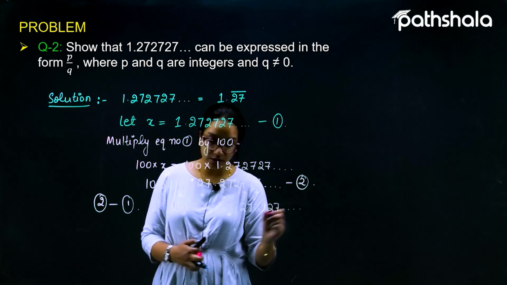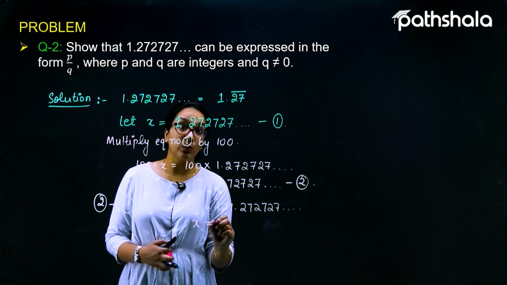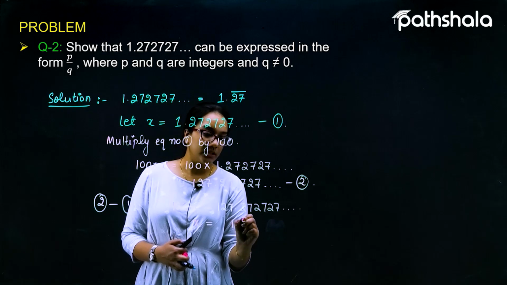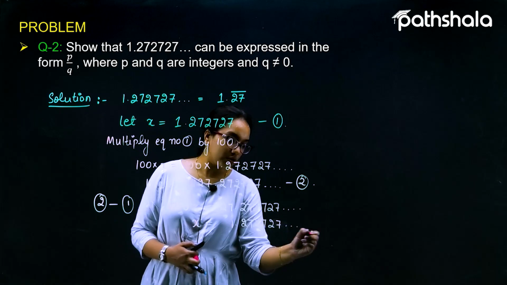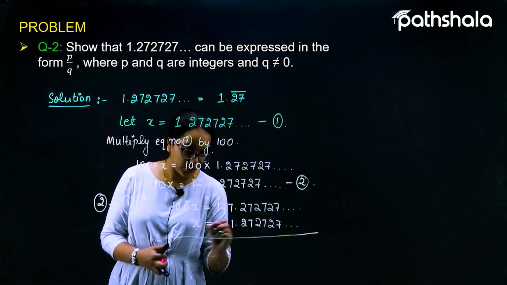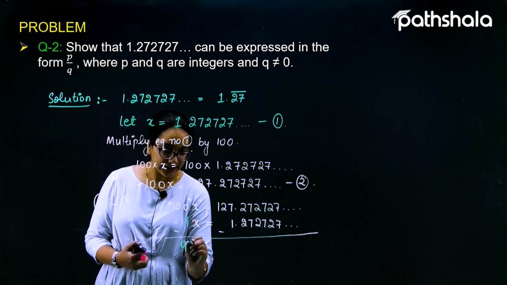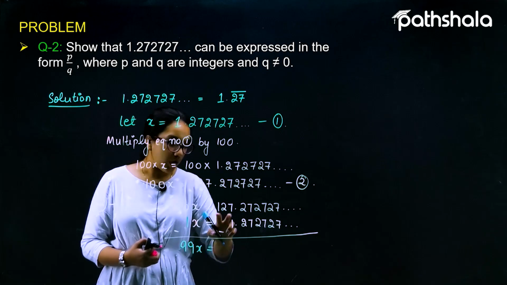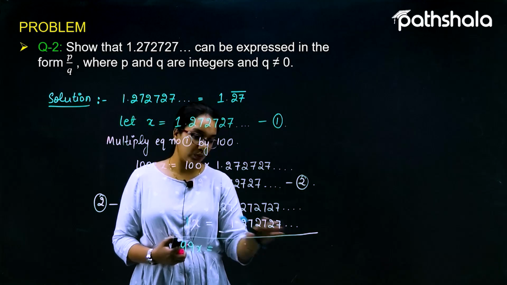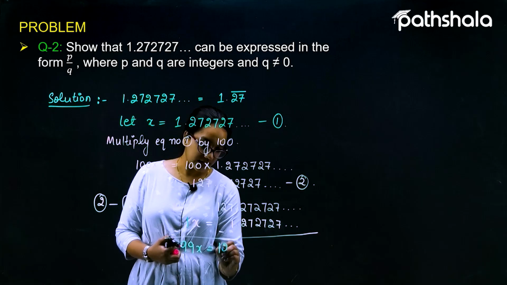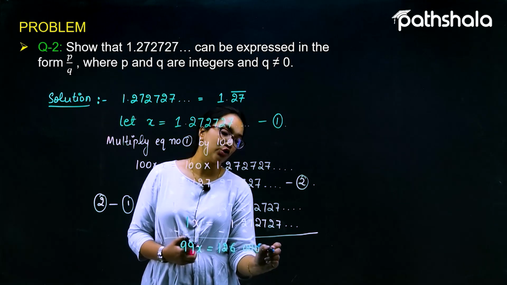So 100x, which is equal to 127.272727 and so on, is subtracted with equation number 1, which is x equal to 1.272727 and so on. 100x minus 1x is 99x, which is equal to 127.27 minus 1.27, and after subtracting we get 126.000.